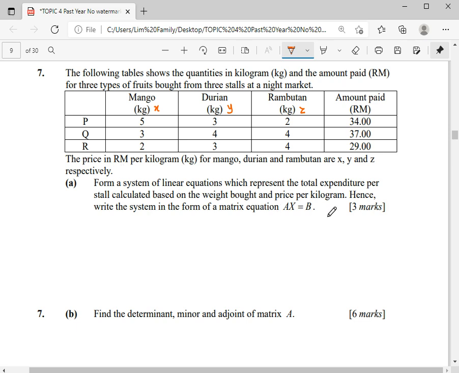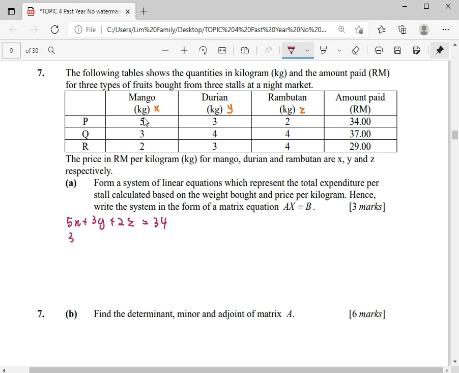So these 3 marks at the beginning here ask us to form our linear equations and our matrix form. So you can see for store P, they will need to use 5 kg X and then 3Y plus 2Z equals their payment of 34 ringgit.